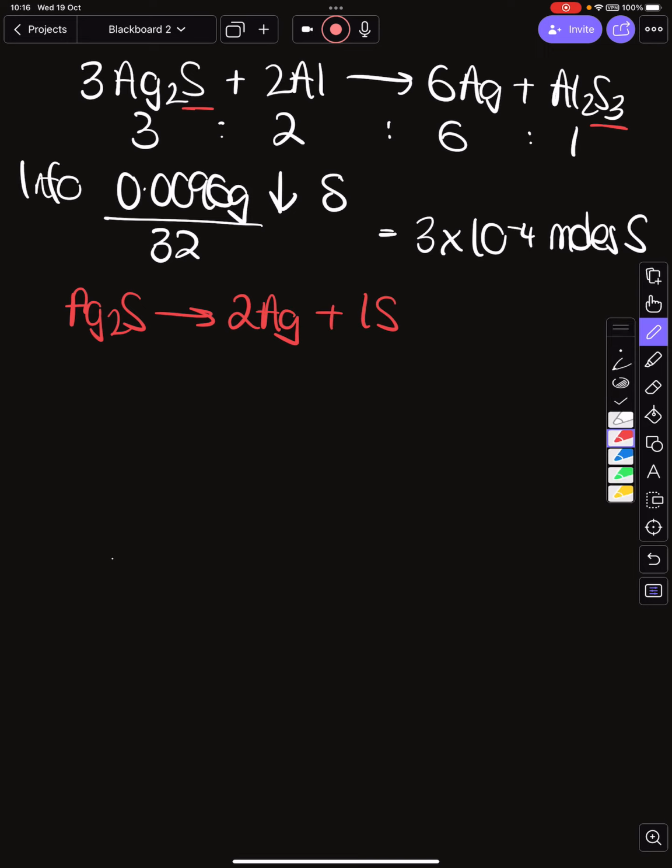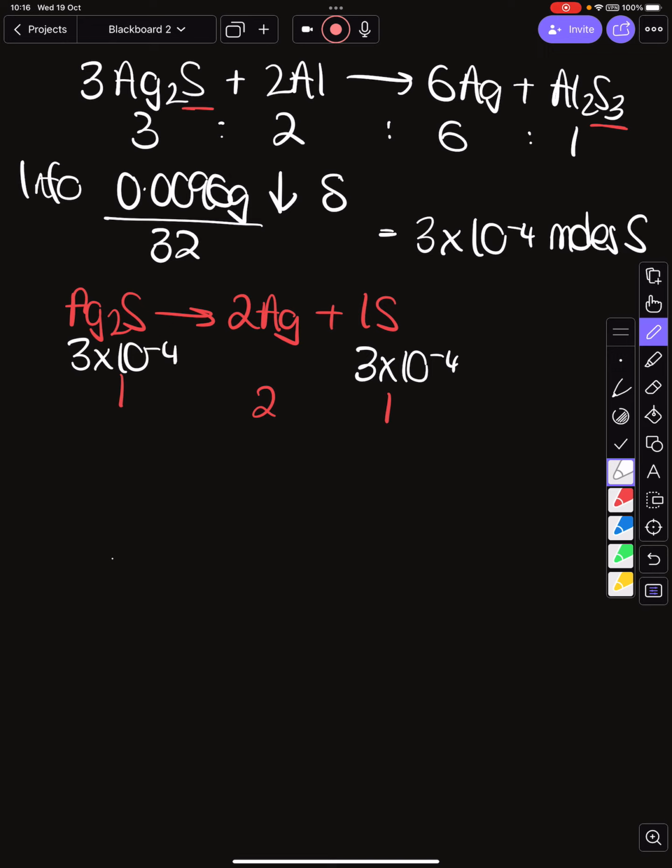And we now know already that the 1 S is worth 3 by 10 to the minus 4. So we can apply a ratio to this equation. We can apply a ratio that goes 1 is to 2 is to 1. So therefore, because we know that the S is 3 by 10 to the minus 4 moles, the Ag2S must be 3 by 10 to the minus 4 moles as well.